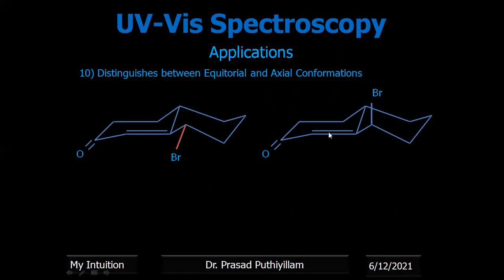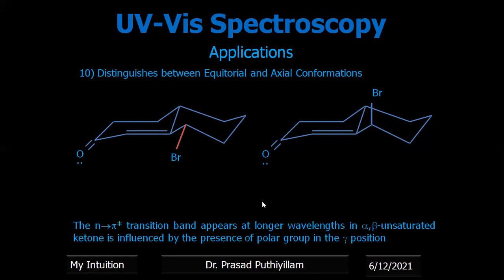Therefore, n to pi star, from the lone pair of electrons on oxygen, will be influenced by this bromine if it is present in the axial way, in the same plane of that molecule. Therefore, the n to pi star transition band in an alpha beta unsaturated ketone is influenced by the presence of a polar group in the gamma position. Gamma position follows alpha, beta, gamma.